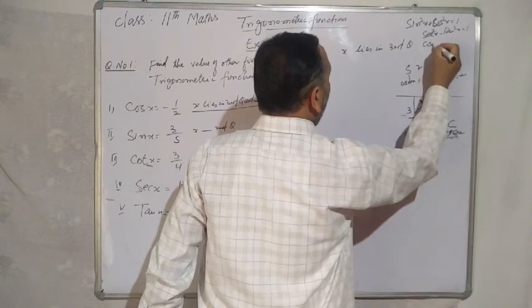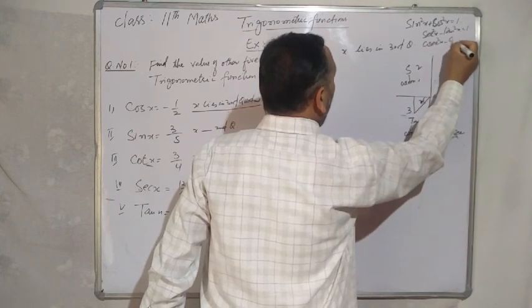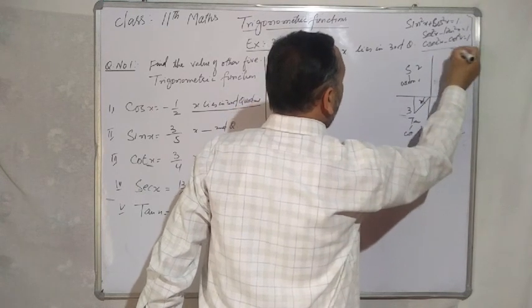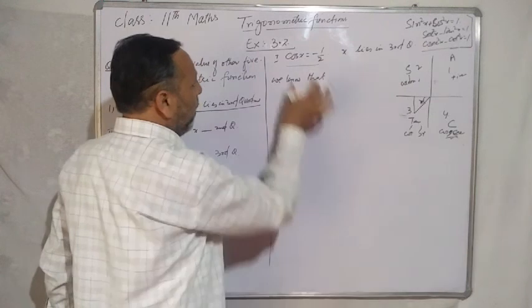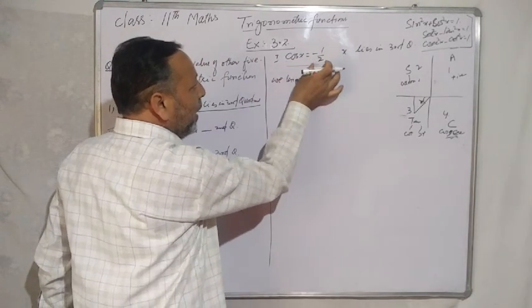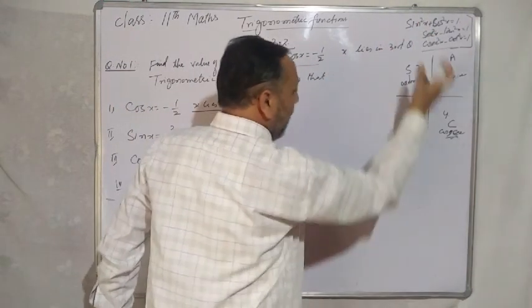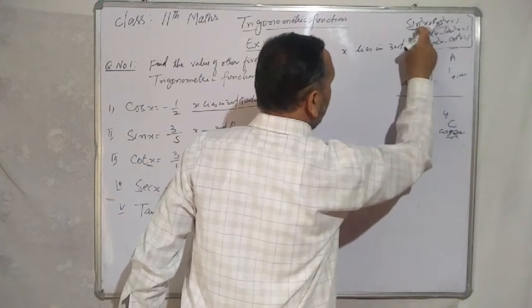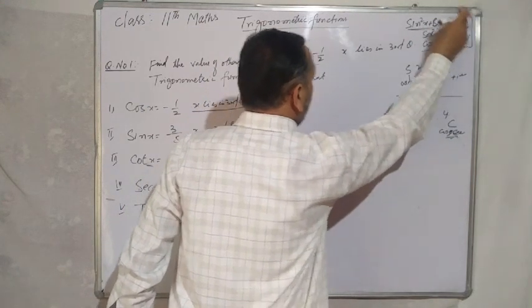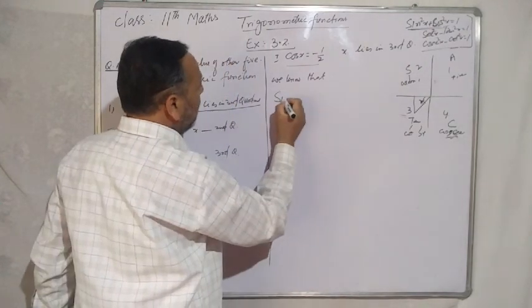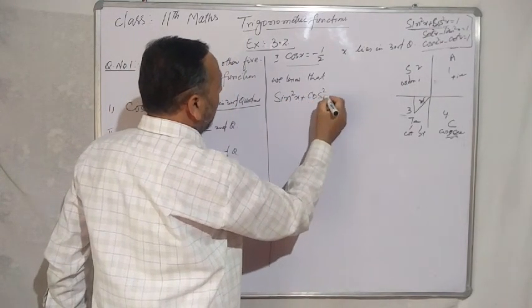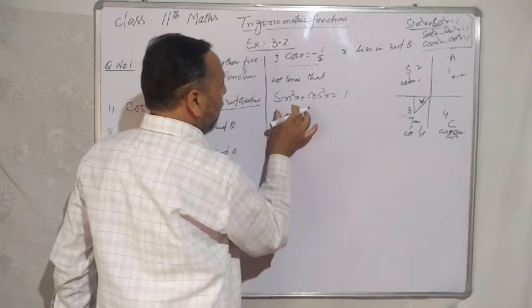And cosec square x minus cot square x is equal to 1. These three identities we will use here. Here we have been given cos x is minus 1 by 2. We have to find other 5 trigonometric functions. That means we will use this identity, sine square x plus cos square x is equal to 1.